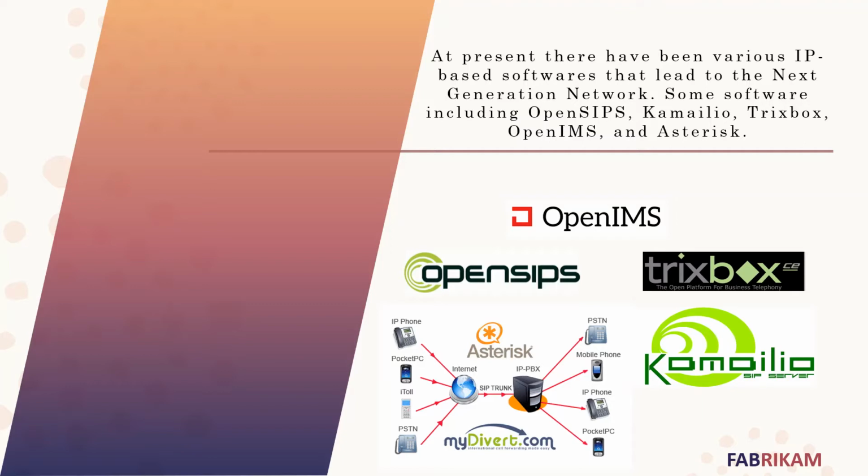Then a problem arises when the packet switch network is connected to the circuit switch or PSTN network, due to the differences in protocols that work, so we need a media server to overcome these problems, namely by applying the Asterisk software architecture. Then, to support the reliability of the system, translational tools are used to facilitate the regulation of numbers that the client uses, namely ENUM, or electronic number mapping.